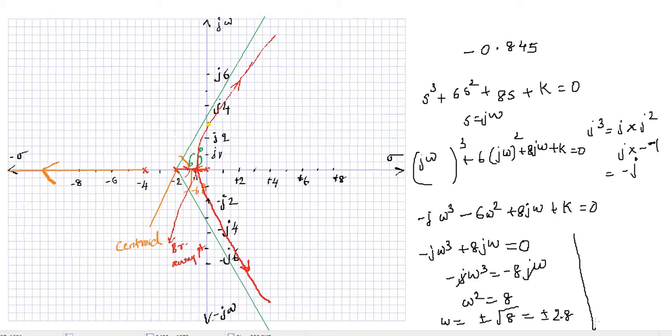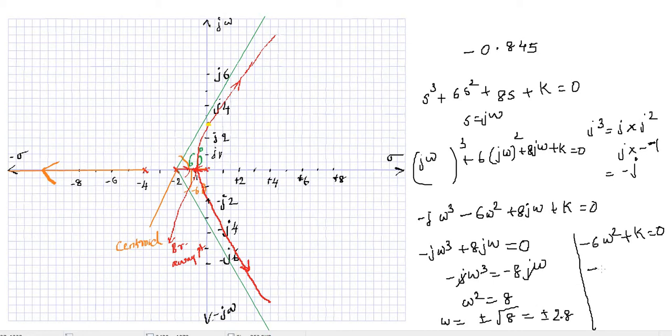Now take the real part. So what is real part here? Minus 6 omega square plus k equal to 0. So substitute for omega square is equal to 8. From this we know that omega square equal to 8. So substitute that value here.